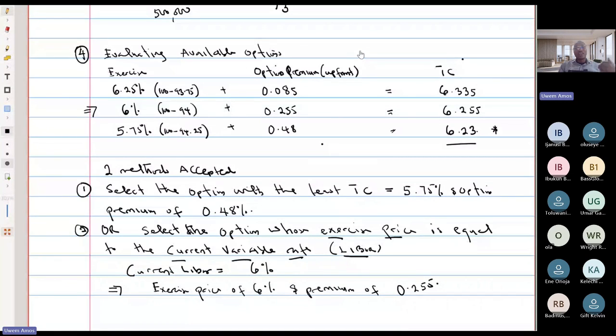Out of the three options we have in the question, we're going to select the one that gives us the least total cost. And that will be the third option.